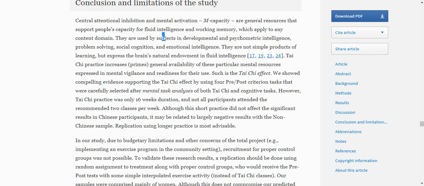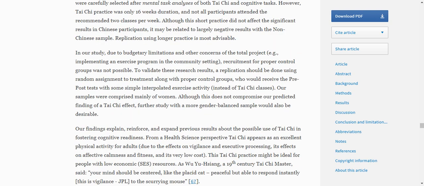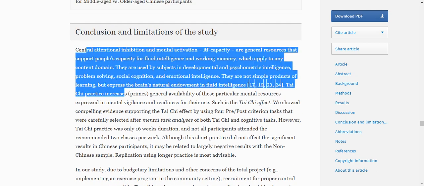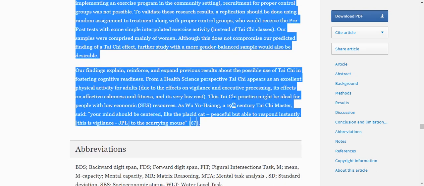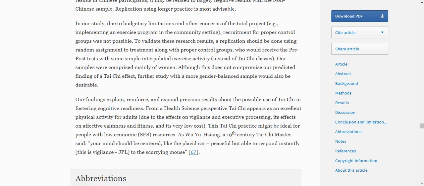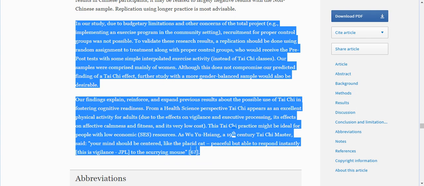So just check that out, because that's going to tell you exactly what the author took from his study. Also, if the conclusion, like in this case, is quite long, maybe don't look at the whole thing. Just look at the last one or two paragraphs, and that should really tell you the gist of it, right?